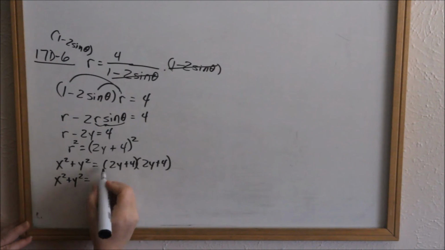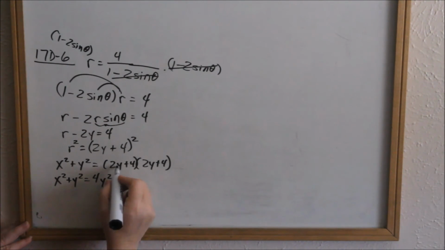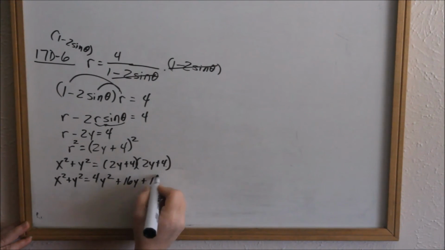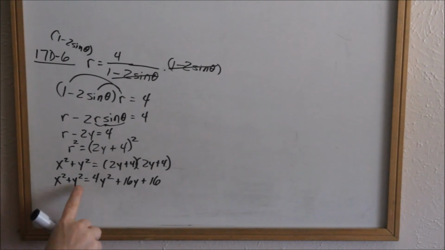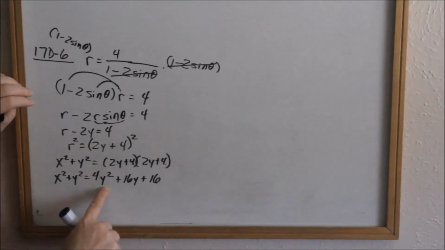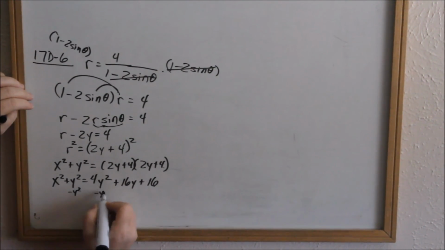Sometimes it's hard to know. 4y squared, that would be an 8y plus an 8y, so that would be 16y plus 16. So now I can see I can get my y squares together. It is hard to know what form to leave this in. So all I'm going to do is just basically move this over and get my y squares together. And then I'm just going to leave it like that. So I'm just subtracting that.